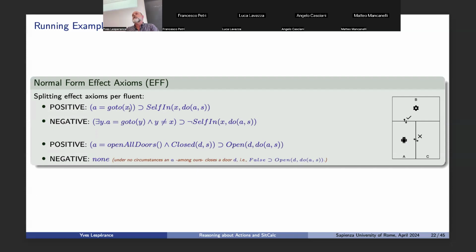Well, when A is goto(X), because this is the only action that makes self-in become true for something. What about the negative? When does not self-in(X) become true after doing A? Well, when you go to Y, and Y is different from X. So we rewrote what we had in the effect axiom.